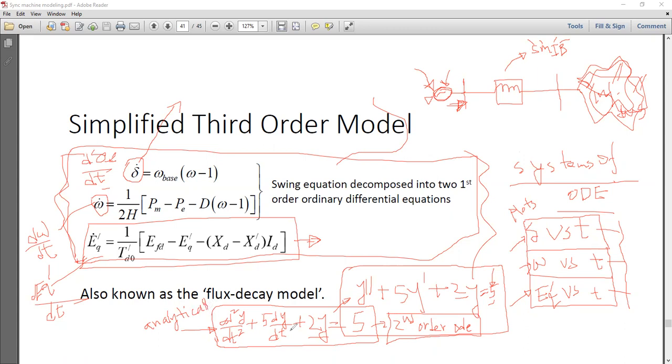When we tried to solve this, we came up with some complementary solution and particular integral. Remember these terms? Complementary function and particular integral. And we then applied the superposition theorem to combine those two. So one was yc, another one was yp. Remember? Probably or probably not, doesn't matter.